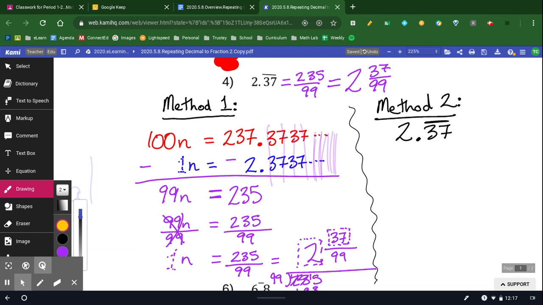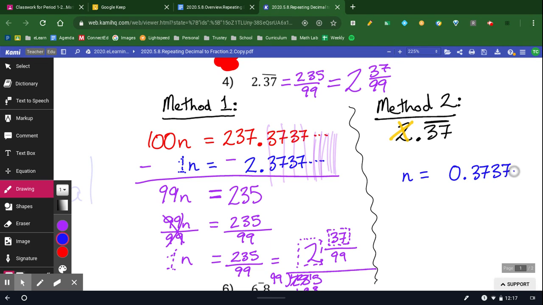Now let's go into method number 2. And I really think this is going to be the fan favorite, because here's why. For method number 2, all we're going to do is pretend the wholes are not even there. Now the reason for that is we can set up the usual equation, just like yesterday's stuff, of having no wholes and 0.37 repeated.